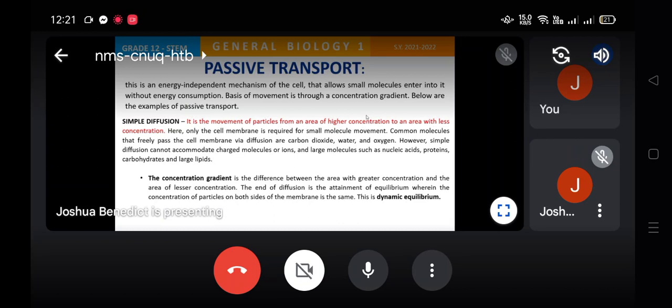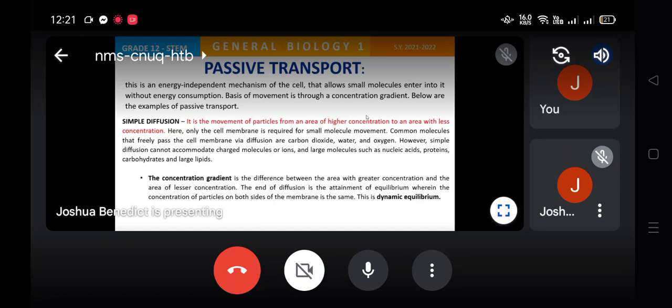However, simple diffusion cannot accommodate charged molecules, ions, or large molecules such as nucleic acids, proteins, carbohydrates, and large lipids. May tinatawag tayong facilitated diffusion. Yun yung nagdadala sa mga charged ions or molecules such as yung mga sodium, potassium, phosphates, etc. Okay?